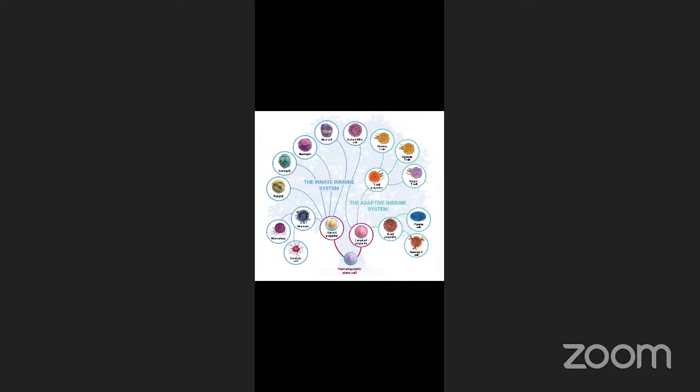And bradykinin, leukotrienes, prostaglandins, different types of molecules will be released into our system, making different types of effects on our body.